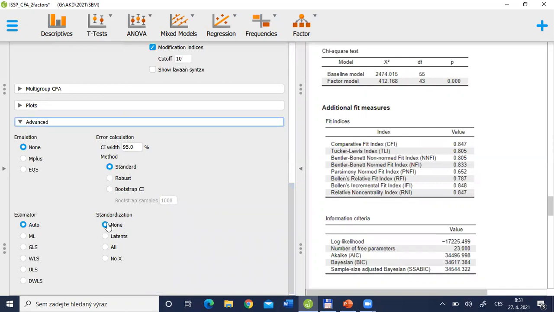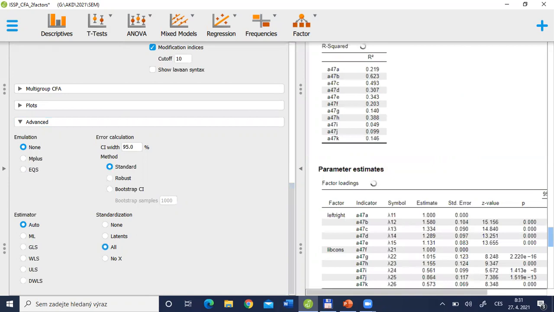Yeah, here it is, standardization, and I would ask for standardization all. So all these tables would be modified and there would be one column with standardized results. So if I wait a minute, I would get these slightly modified results with standardized estimates for individual parameters.